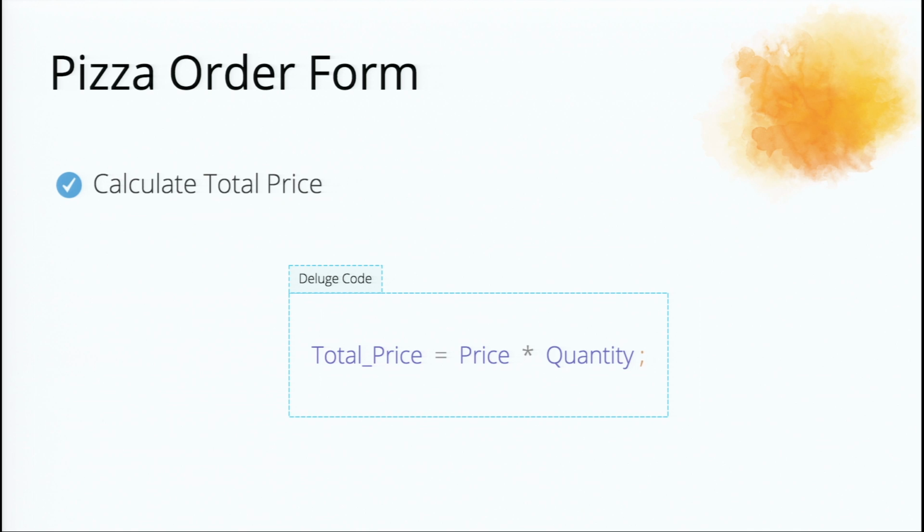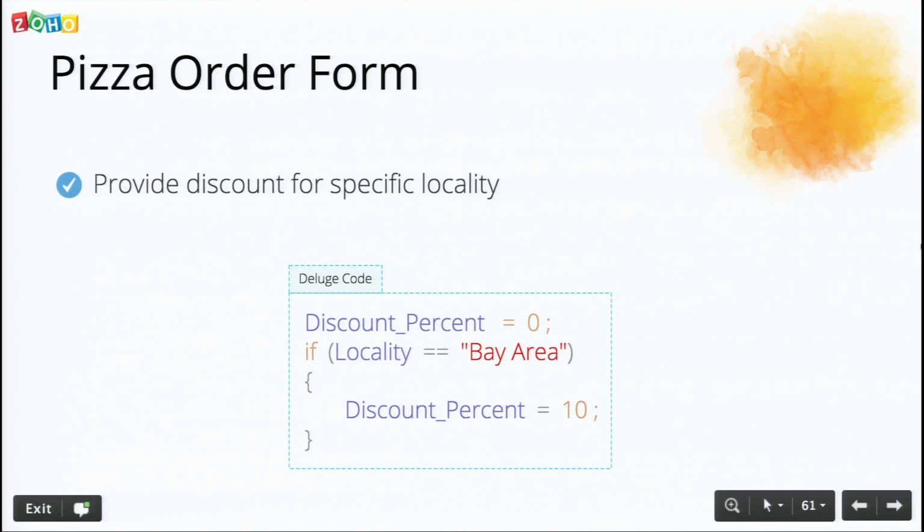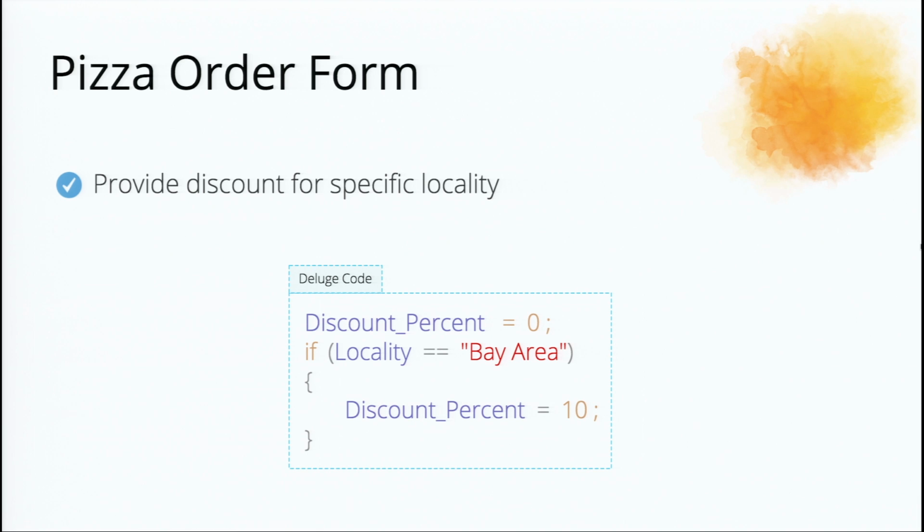And then the next step is, if the locality is Bay Area, provide them a discount of 10. It's a combination of two other things, where you will define a variable called discount percent. By default, the discount percent is 0. And if the locality is Bay Area, set the discount percent as 10.